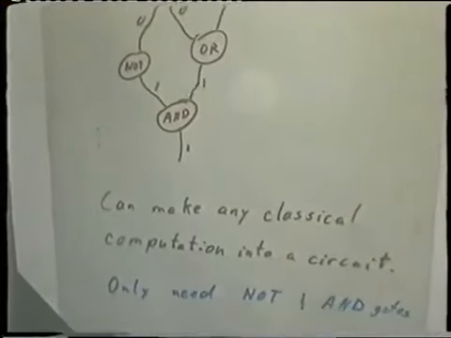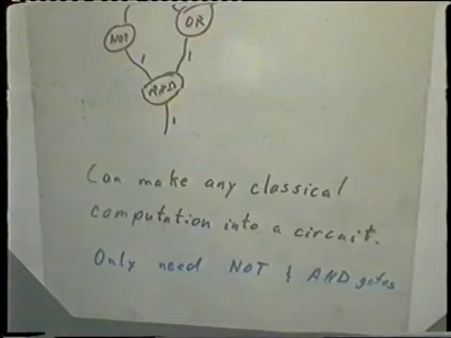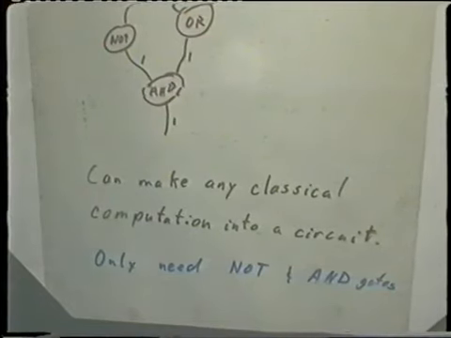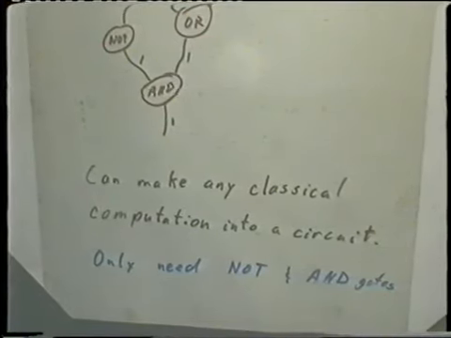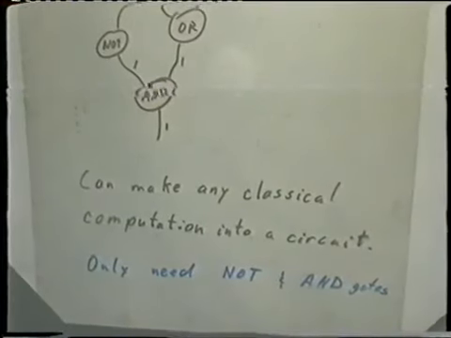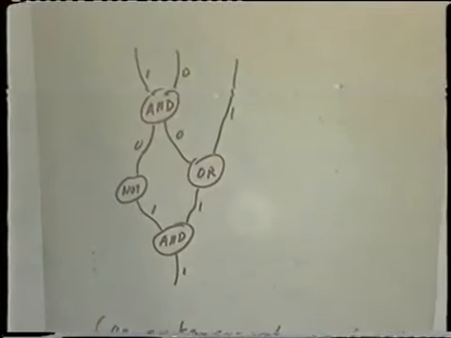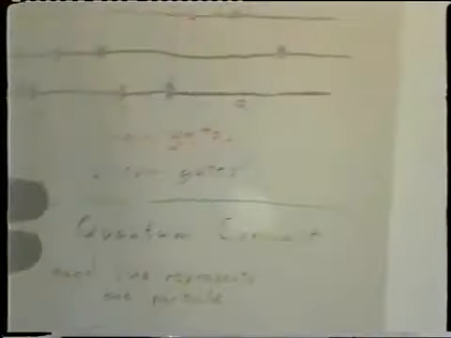Notice we don't allow gates that take n inputs and give n outputs, for 2 good reasons. One, they're very hard to build. And two, if we allow general gates like that, you could compute anything in 1 step, which wouldn't be much good for a theory of computation.